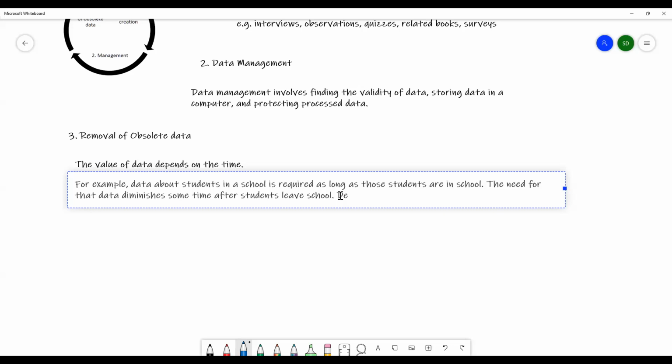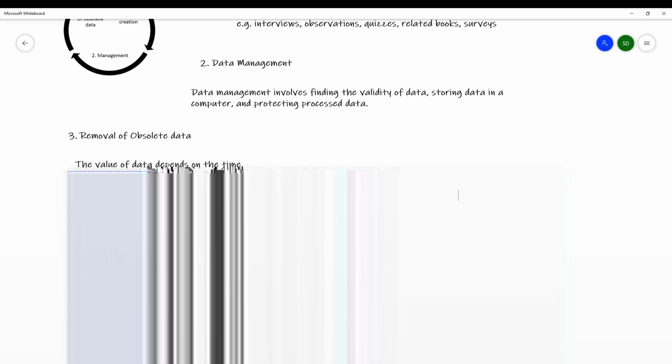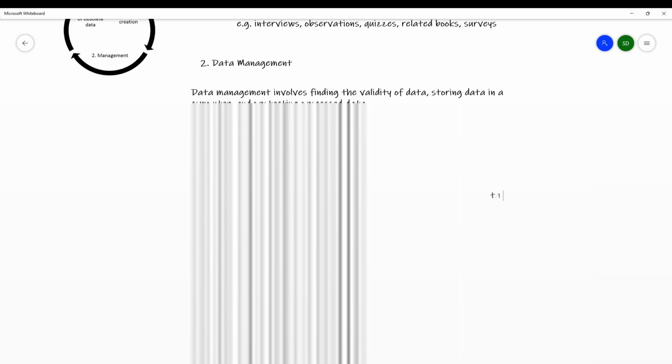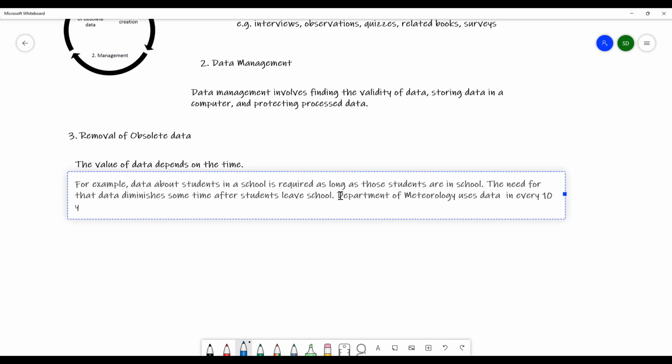For example, we can say the Department of Meteorology uses data every 10 years' time.